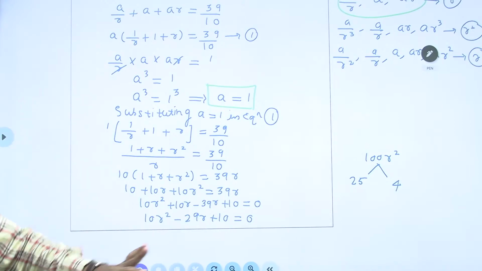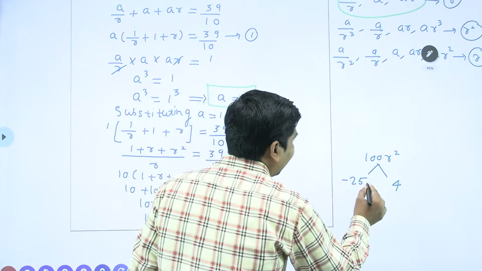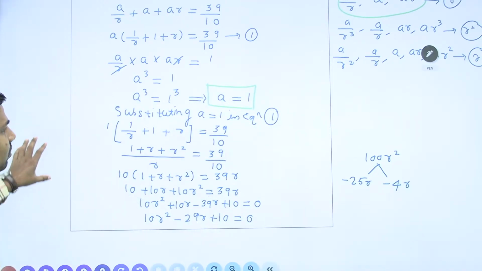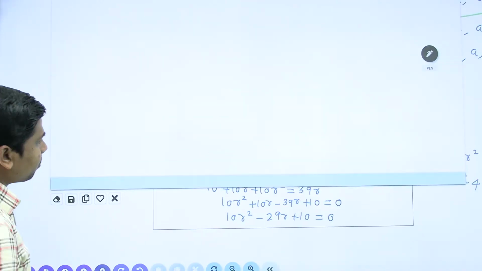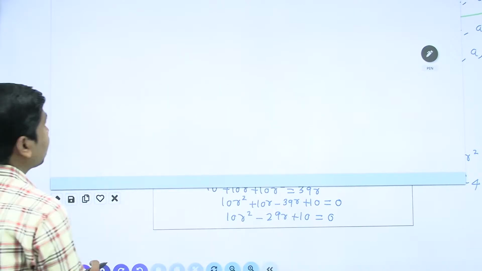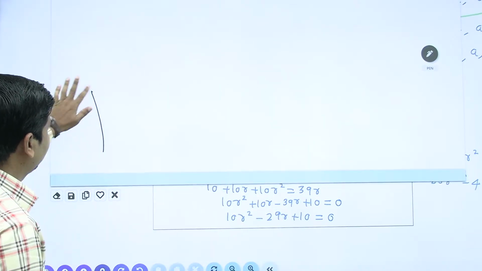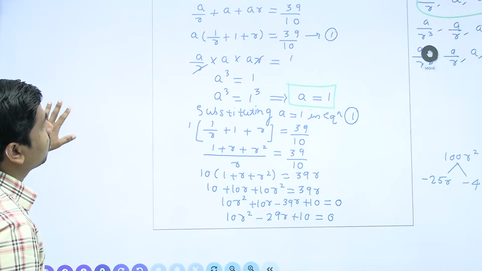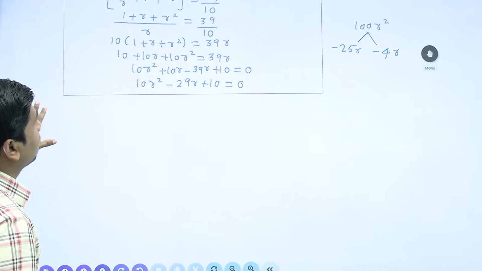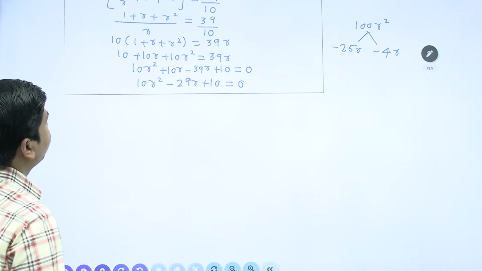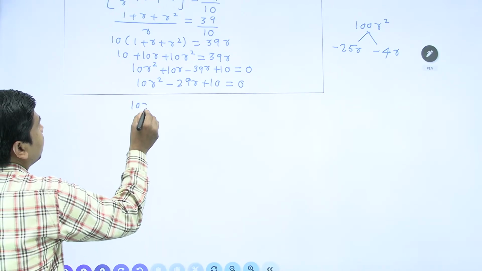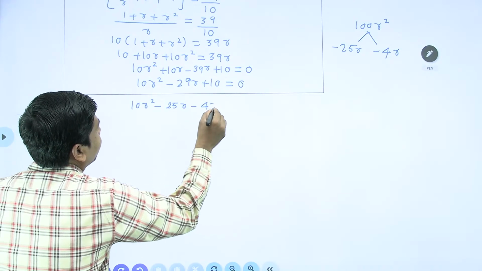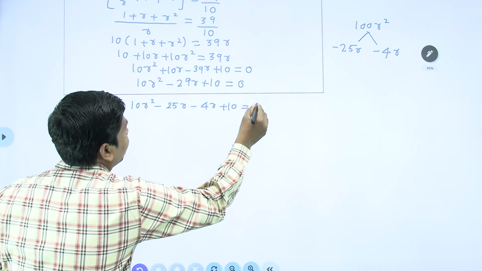Minus 25r minus 4r, plus 100r squared. Okay, the factors are minus 25r and minus 4r. So 10r squared minus 25r minus 4r plus 10 equal to 0.